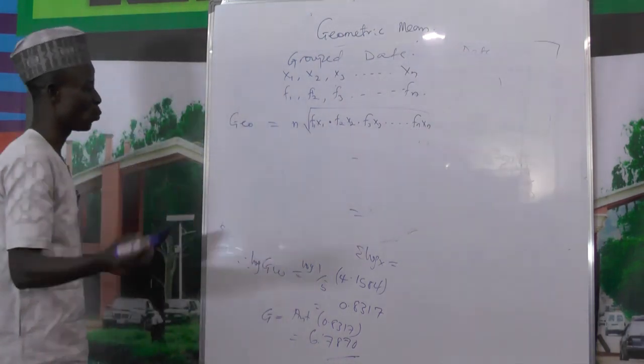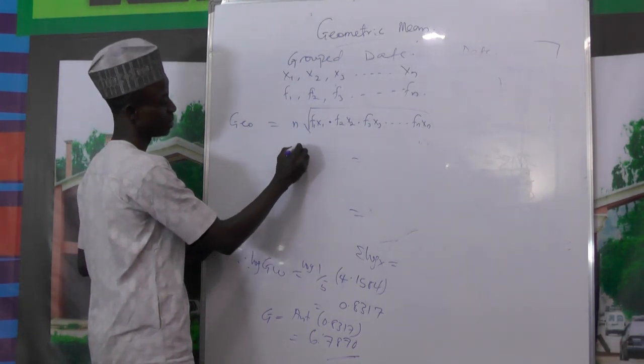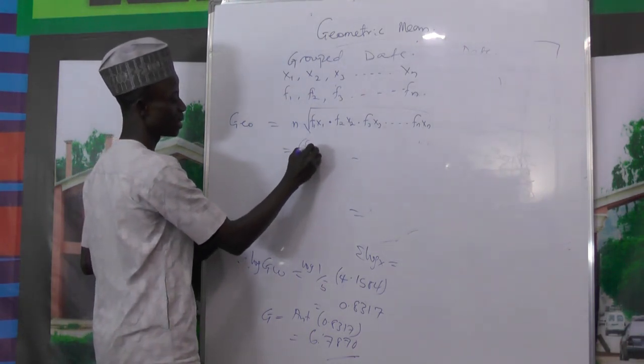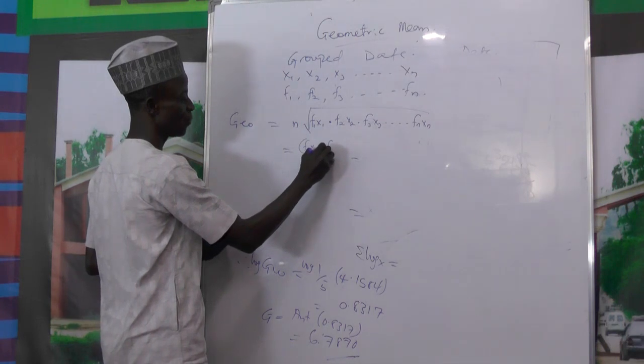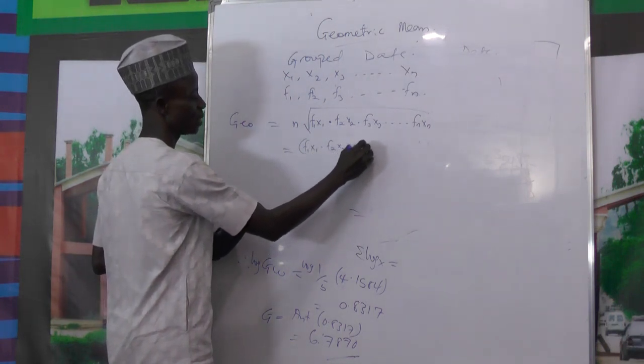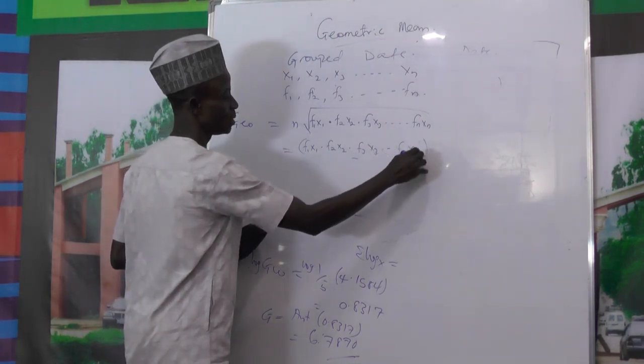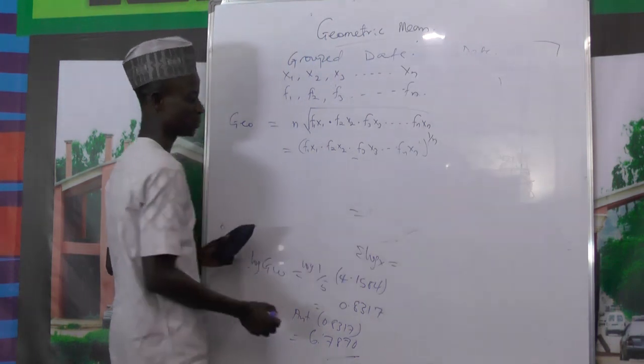So like what we did with the others, this can be written as f1x1 multiplied by f2x2 multiplied by f3x3 up to fnxn raised to the power of 1 over n.